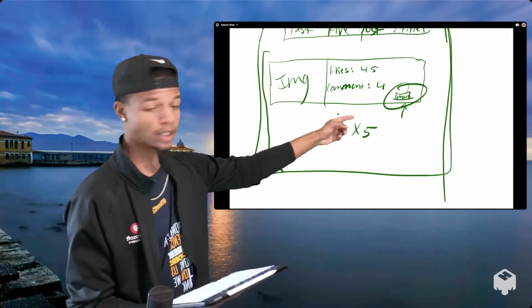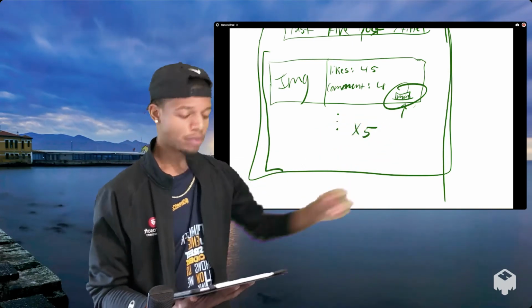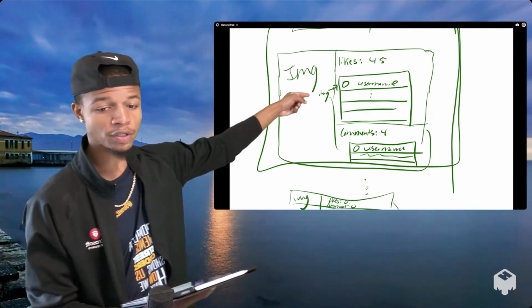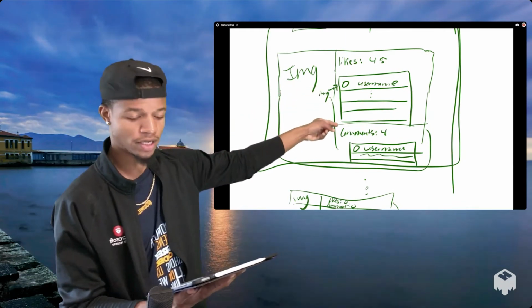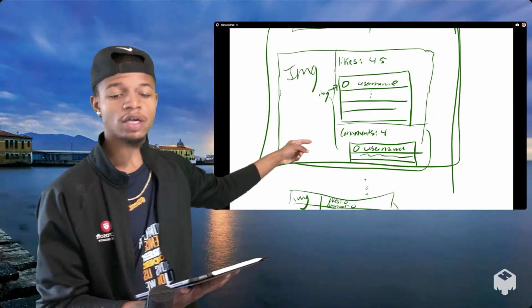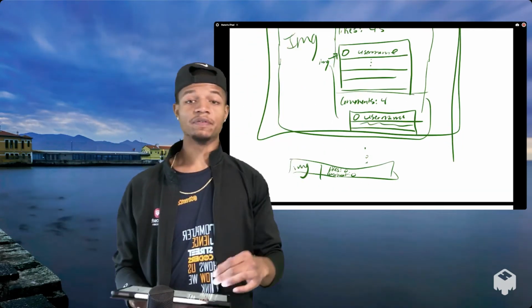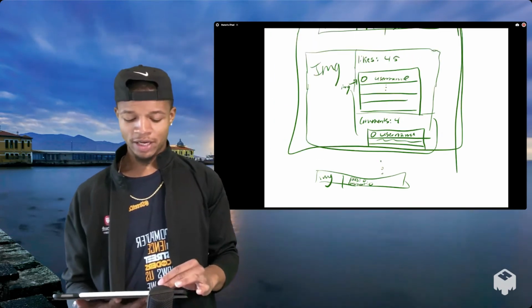And the more button, when clicked, will have the drop downs for the usernames, and then the comments and their drop downs as well. And then it's just a list of them. So we need to go ahead and program that real quick.